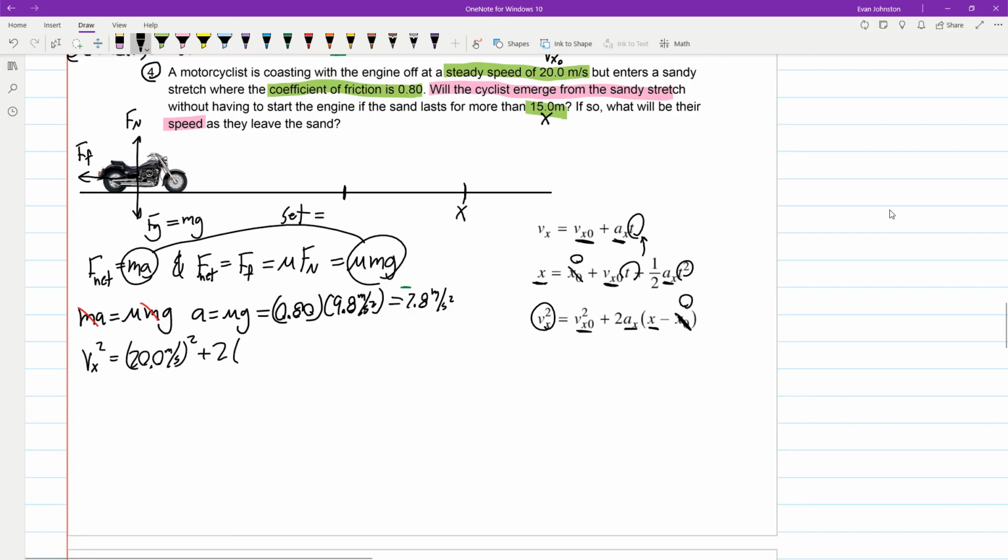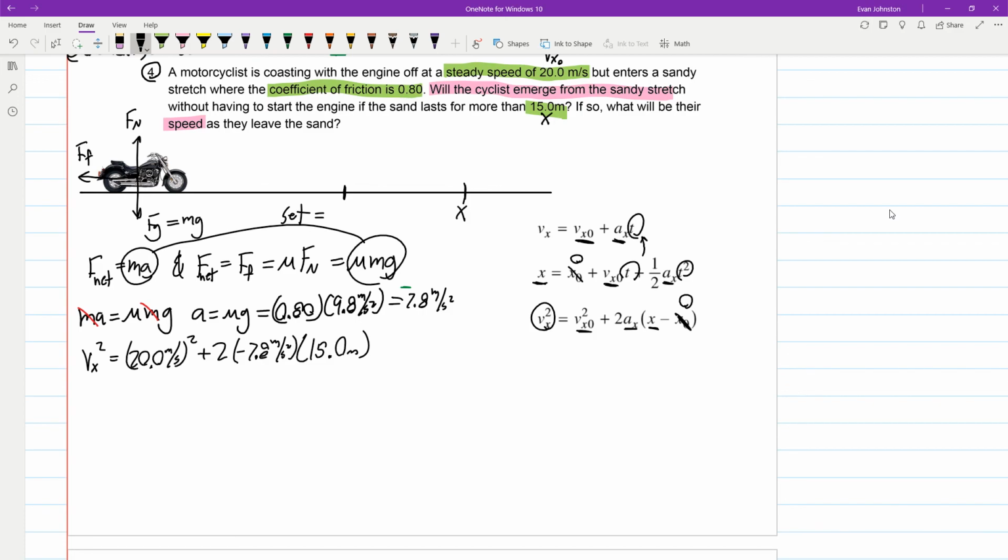If it's moving to the right, the acceleration is going to the left. So those are fighting each other, absolutely. So negative this 7.8 meters per second squared. That's what we got right here. And then it's going this 15 meters, 15.0 meters.